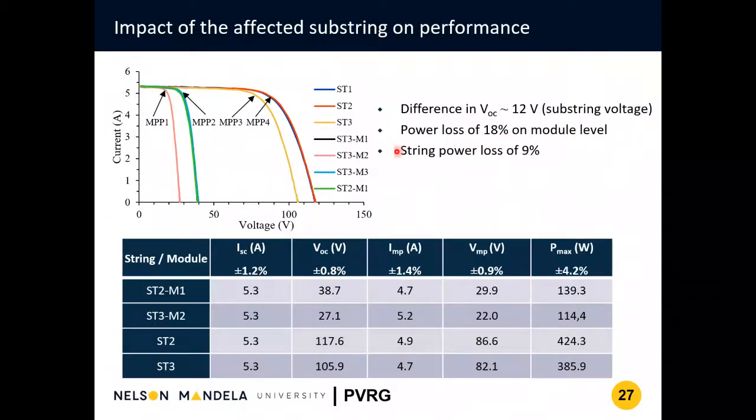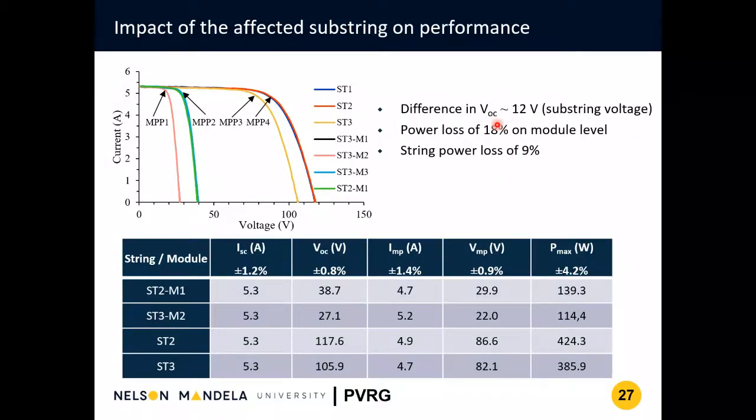Okay, this is showing the shift in MPP due to an underperforming substring, and it actually caused a decrease in VOC of about 12 volts when comparing the underperforming substring with the good performing ones, and also when comparing the underperforming module with the other good performing modules.